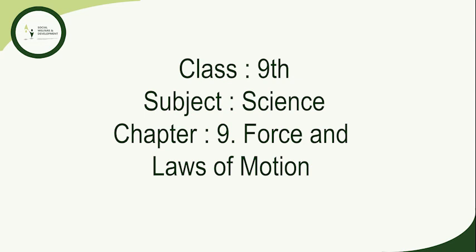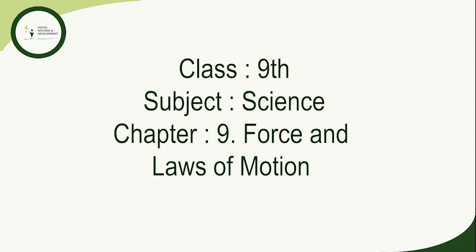The second law of motion states that the rate of change of momentum of an object is proportional to the applied unbalanced force in the direction of the force. The SI unit of force is kg meter per second square. This is also known as Newton and is represented by the symbol N. A force of 1 Newton produces an acceleration of 1 meter per second square on an object of mass 1 kg.